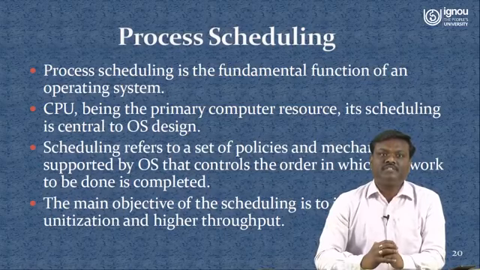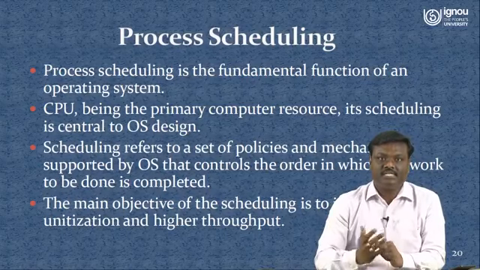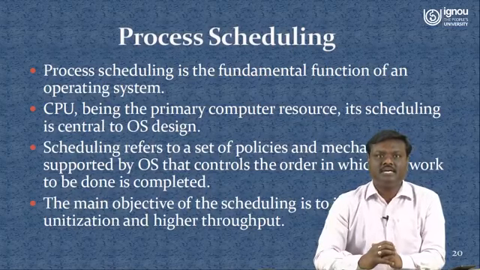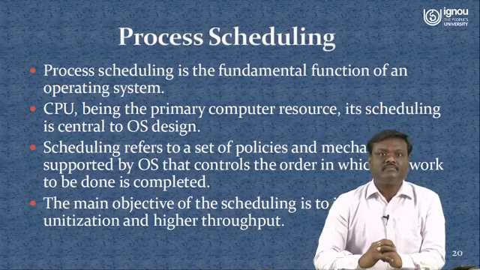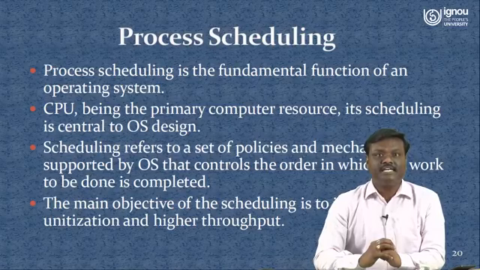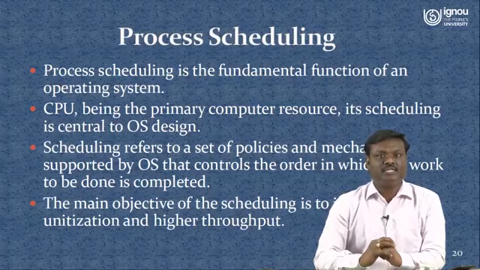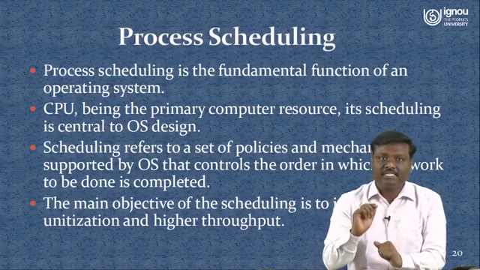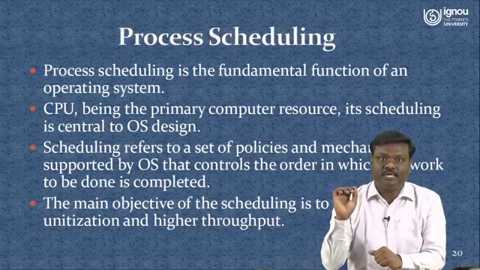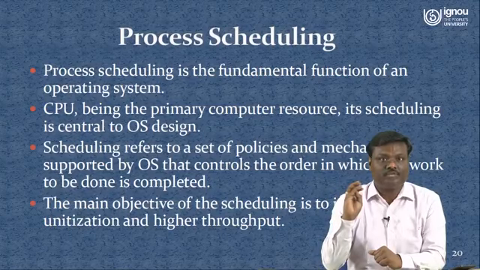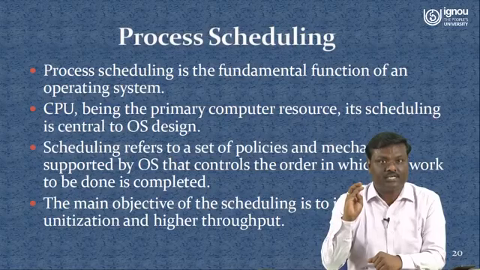Scheduling refers to a set of policies, that is the principles or guidelines, or mechanisms supported by the operating system that control the order in which the work is done for various processes residing in the main memory. The main objective of scheduling is twofold. One is to increase the CPU utilization. That is the first objective that needs to be taken care of when we talk about processor scheduling.